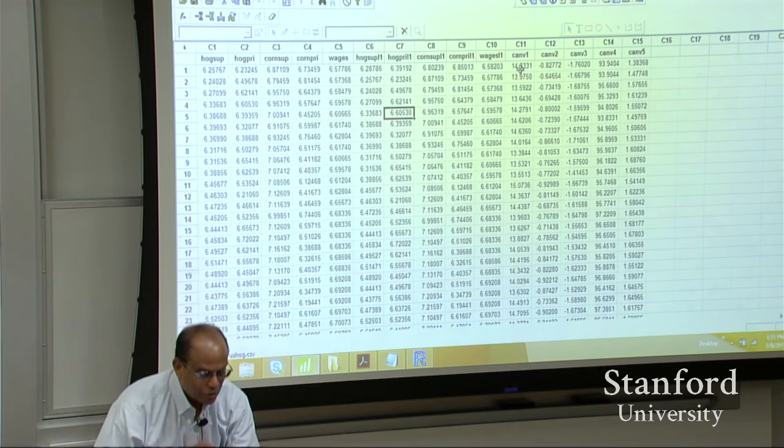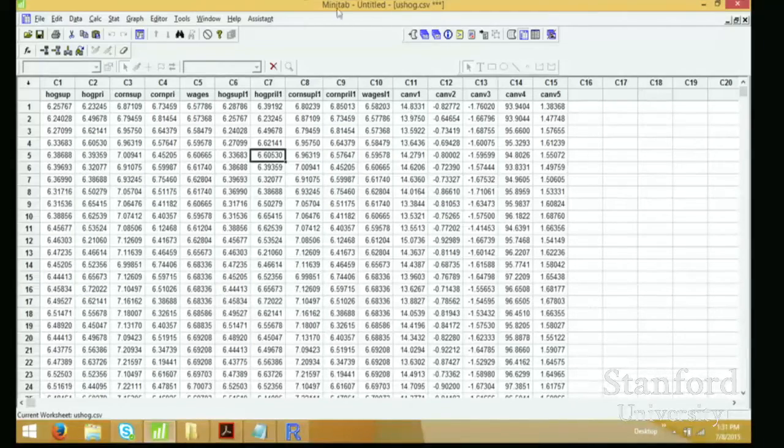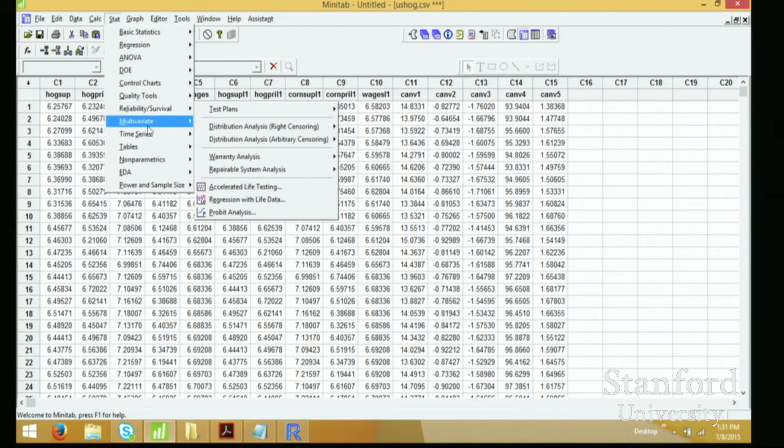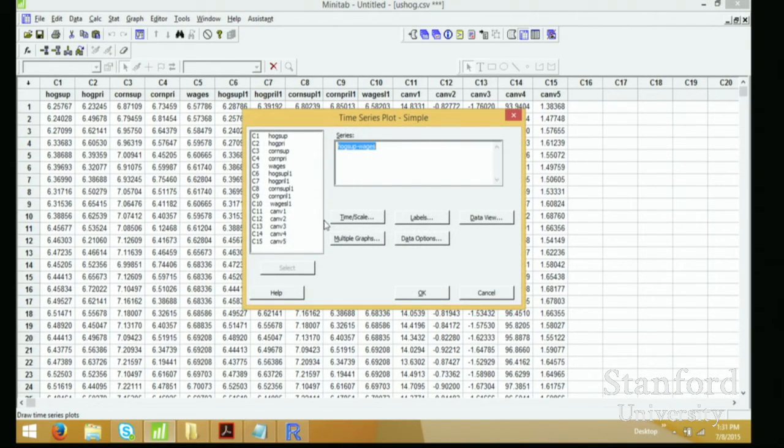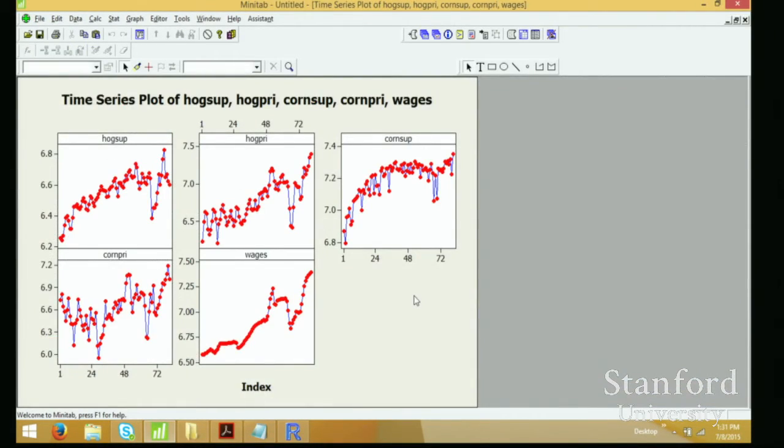Okay, I want to show you the picture so that you can see how this works. So I'm going to go for the time series plot of the original data. This is hog supply to wages. You can see that's the original data, right? This is what we did.